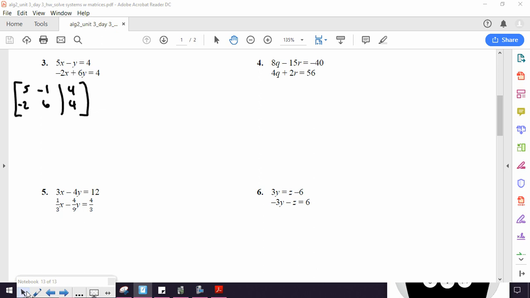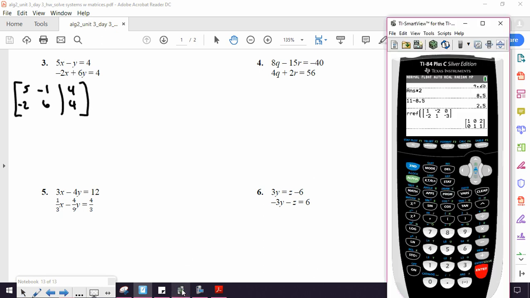And now we're ready to put this into the calculator. So again, second matrix, math, alpha, apps. Then we do alpha zoom. Again, we have 2 rows and 3 columns, so we simply hit OK, and there's our matrix.